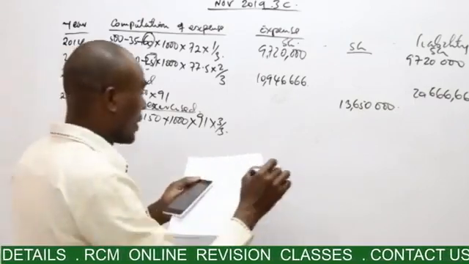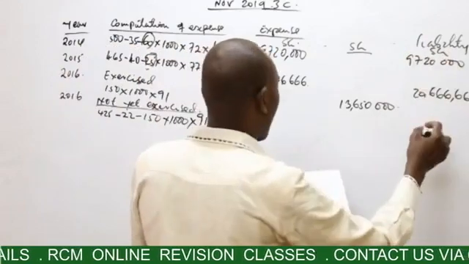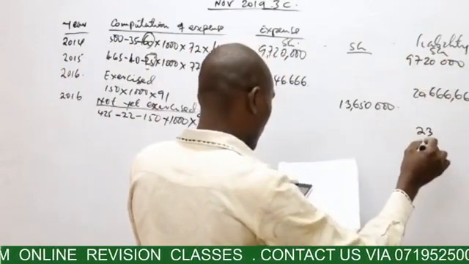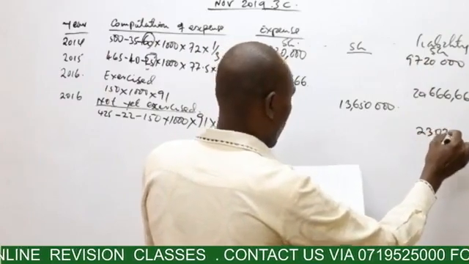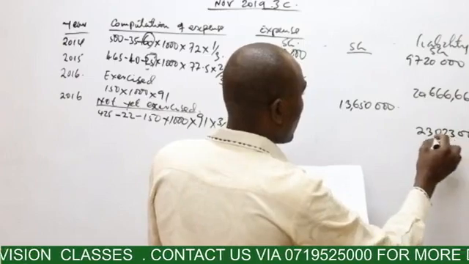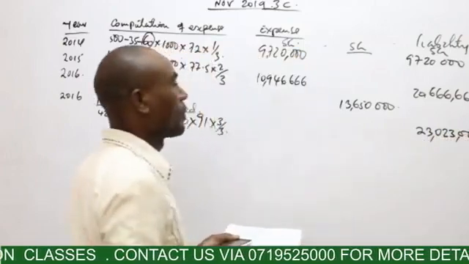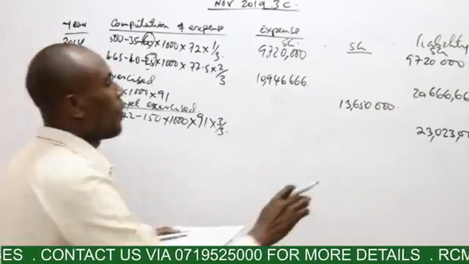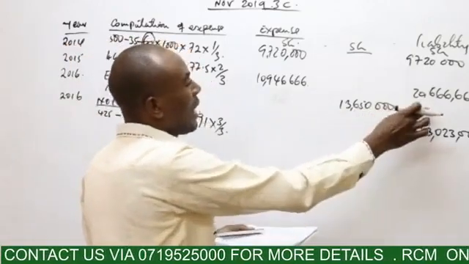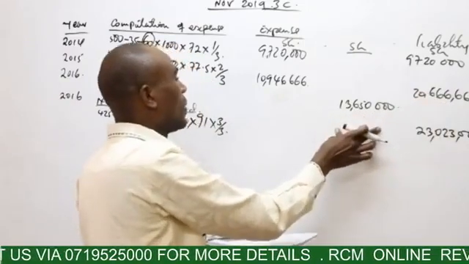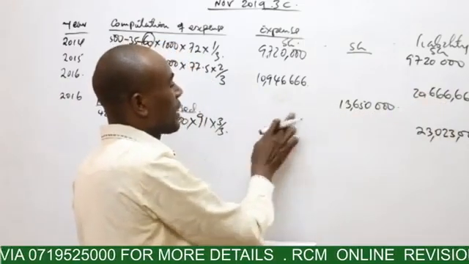I'm getting 23,023. It comes to our liability column. I'm getting that way. Then, for me to get the expense, I need to get the expense that comes out of this, then I add to this so that it becomes my cumulative expense.